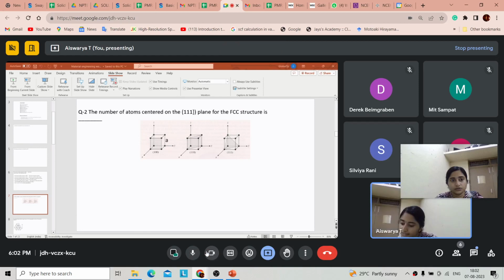Did anyone get the answer? Is it two? Yeah, two atoms. But we have to see three different planes, right? One is the 100 plane, the 110 plane, and the 111 plane. So for each plane you have to find the number of atoms.